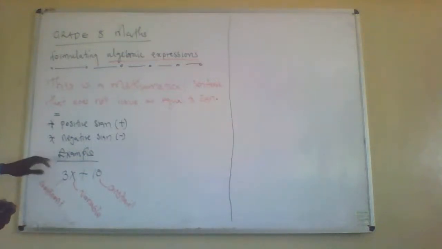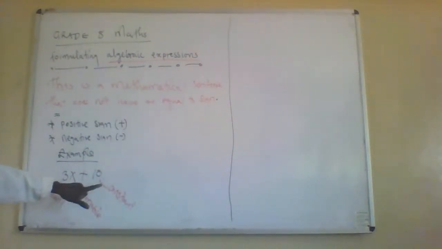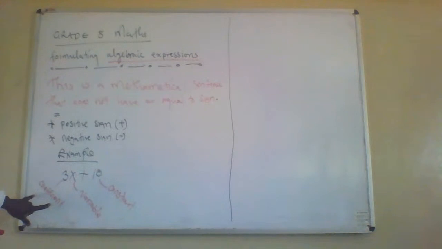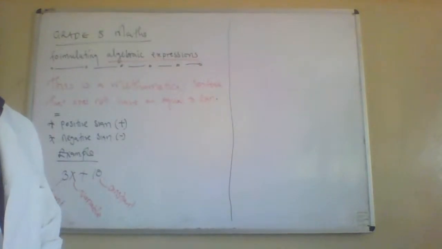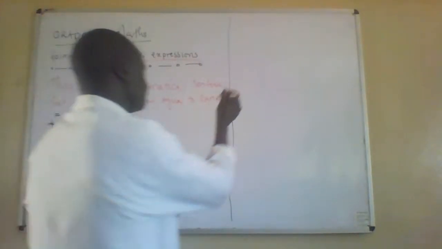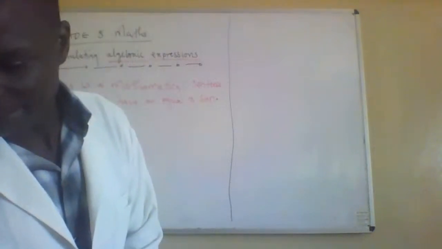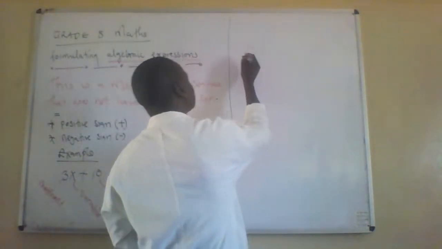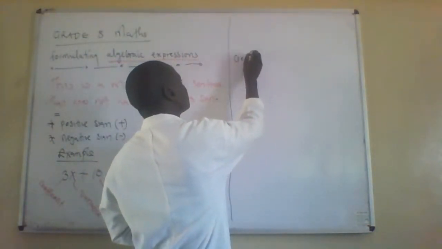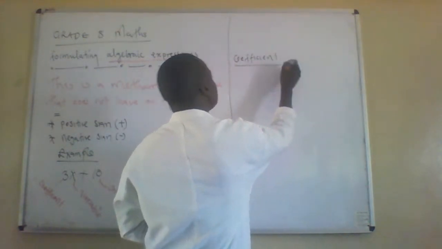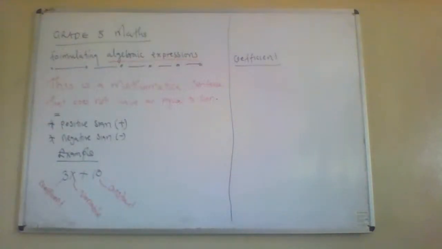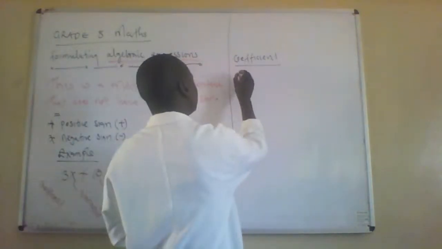Most of the time, algebraic expressions will contain these three things: a coefficient, a variable, as well as a constant. Now, let's understand these three things. What is a coefficient? A coefficient, like in our case where we had the 3, is just a number.